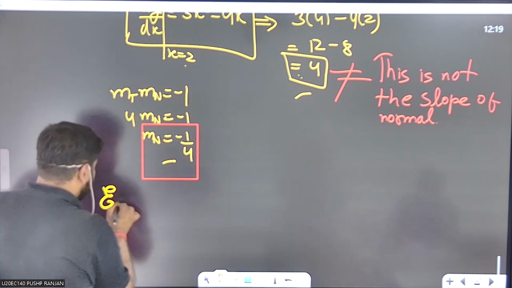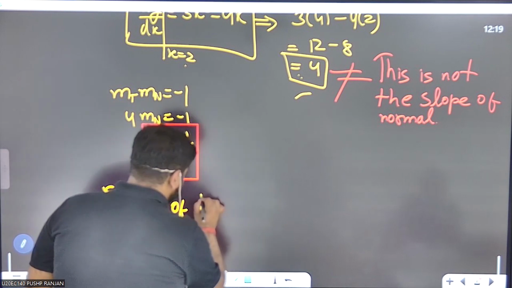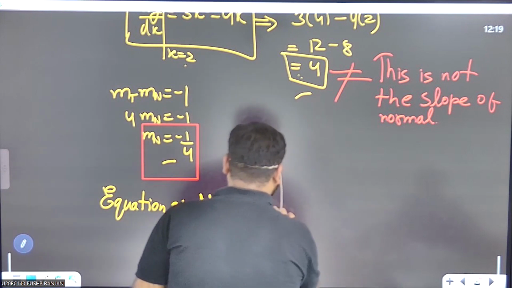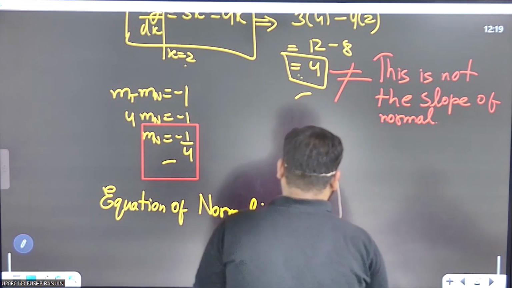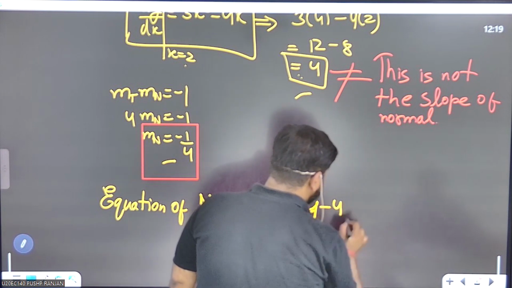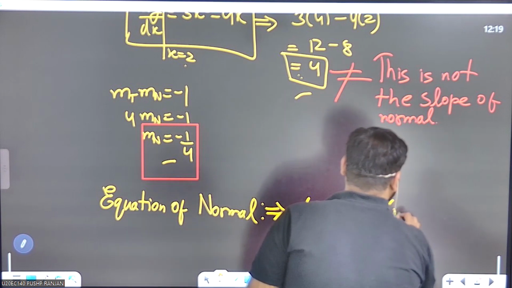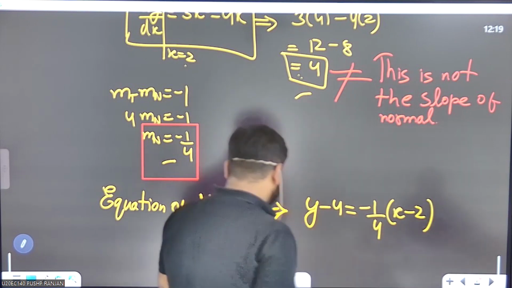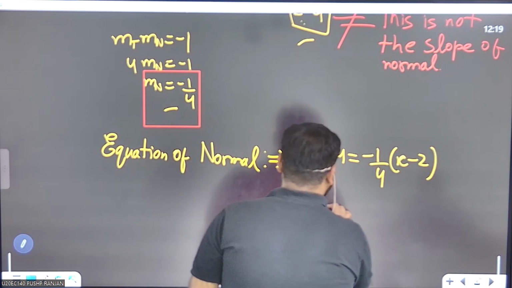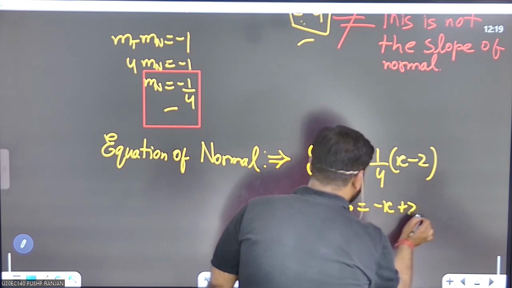Then the equation of normal is y minus 4, since we got the point, equals -1 upon 4 times x minus 2. Simplifying it more, we get 4y minus 16 equals minus x plus 2.